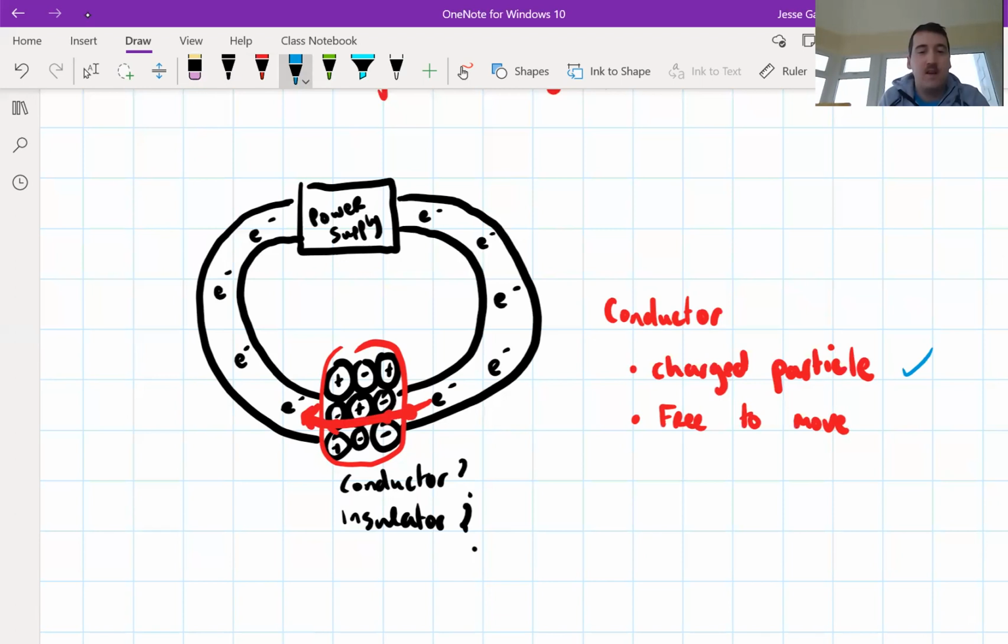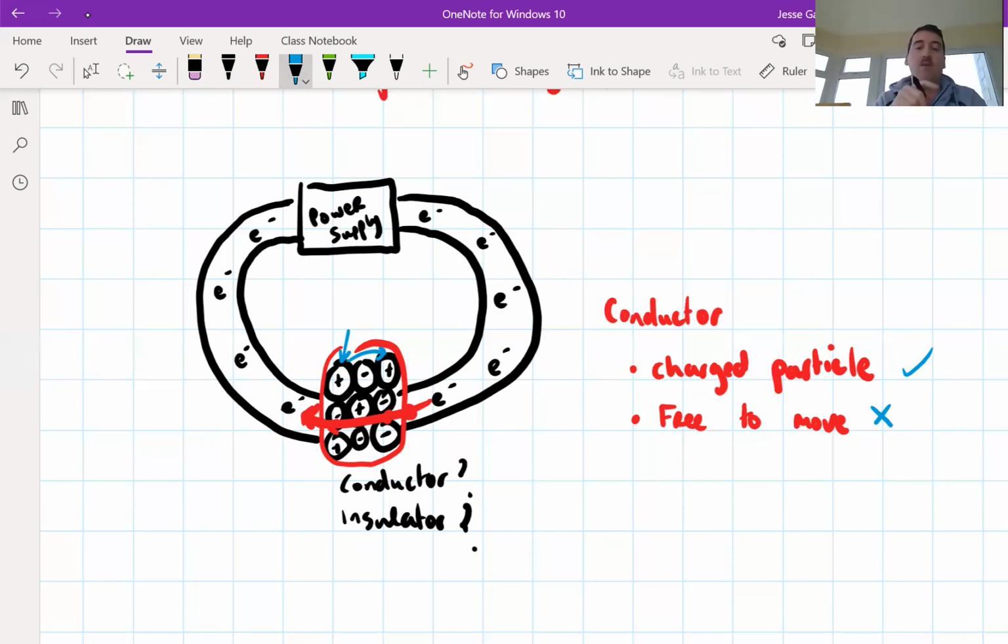So this positive ion, for example, cannot move over to here. It's not free to move. It's stuck in place in this rigid, solid structure. So unfortunately, in an ionic crystal, they are not free to move. So they are not conductors when they are like this.